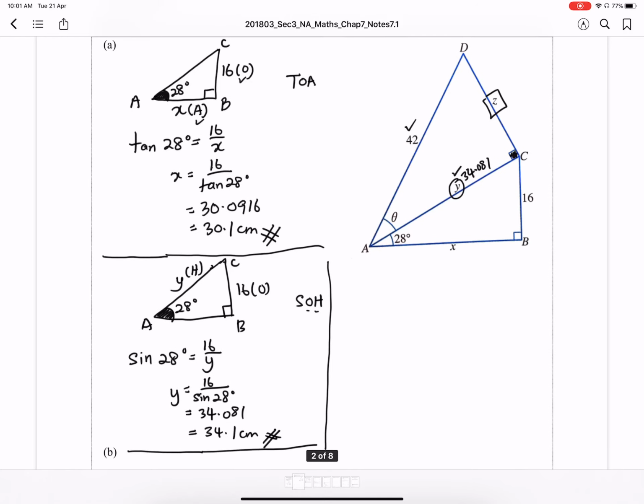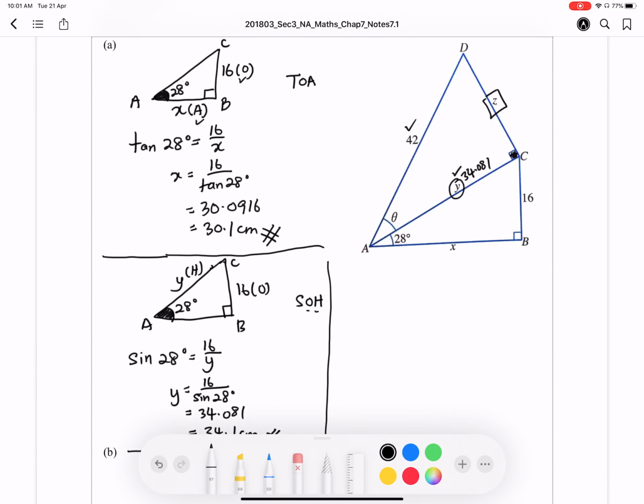So let's draw again the triangle. In this case, the triangle drawn is ACD, and CD will be Z. AD is given as 42, and AC, which is Y, is given as 34.081. This was from the previous working.